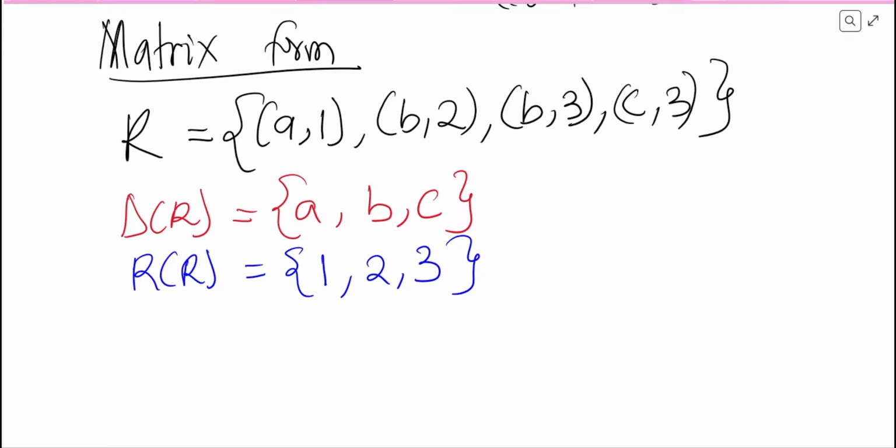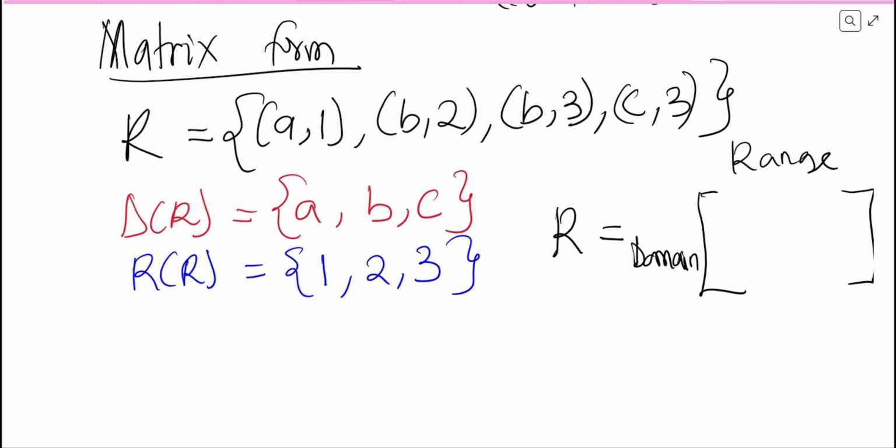Now the matrix representation for the relation R, you form your matrix and you write the domain here and the range at the top. Now, where a particular element from the domain and a particular element from the range meets, you write 1.